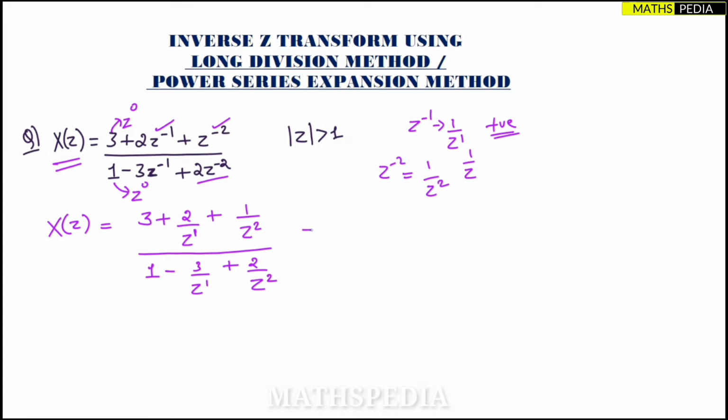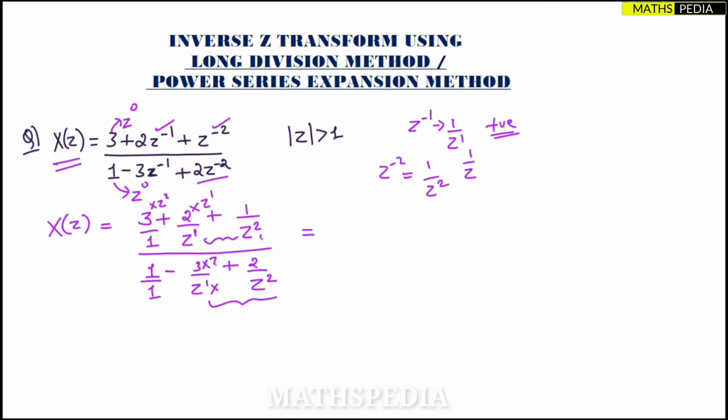So we have to simplify this one. So I can just take the LCM here. Numerator, if you see the LCM is z power 1 is there, z power 2 is there. That means LCM will be z power 2. So multiply here z power 2, here z power 1, here nothing, here also denominator if you see it's the same thing, LCM is same.